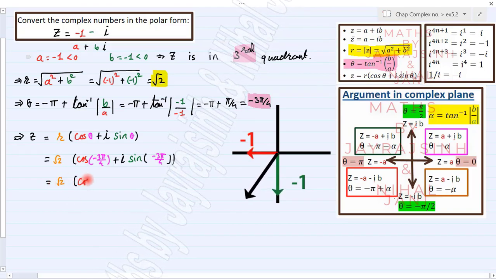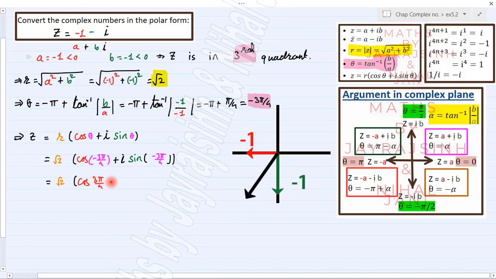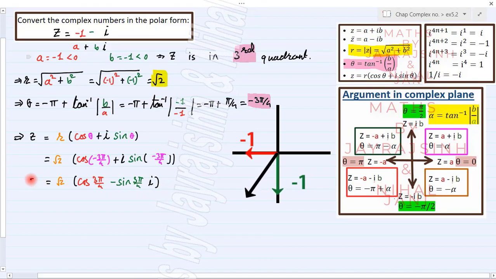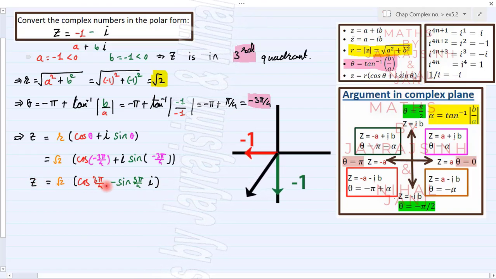Cos is an even function, so it will be cos 3 pi by 4, and sin is an odd function, so you'll get minus i sin 3 pi by 4. So tada, we get polar form of our complex number.